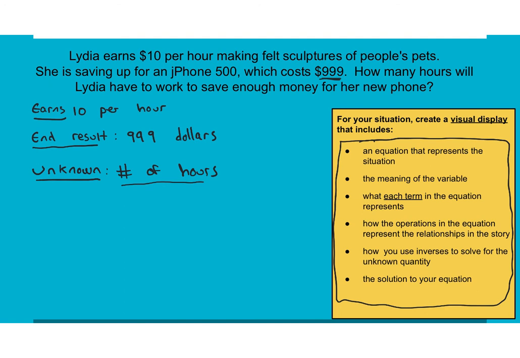I'm going to say my variable, x, is the number of hours she has to work. I know that she is earning $10 per hour, so if we multiply 10 by that number of hours, it needs to equal the amount of money she wants. She wants $999. And now we can use our inverse operations here, set up our little t-chart.